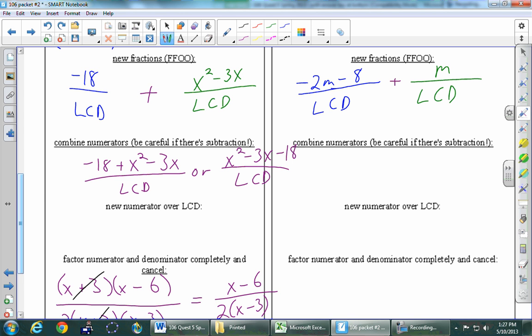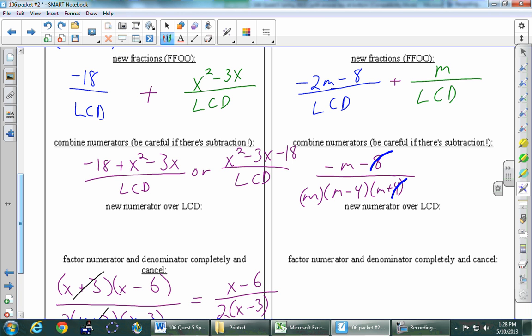Okay, what do we get? Negative m minus 8 divided by, and then at some point you need to write the denominator. Like at some point, if this is our final answer, we better actually write out what the denominator is, but leave it factored. I think we're good as long as nothing cancels.